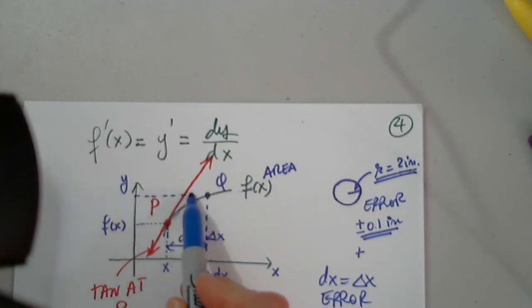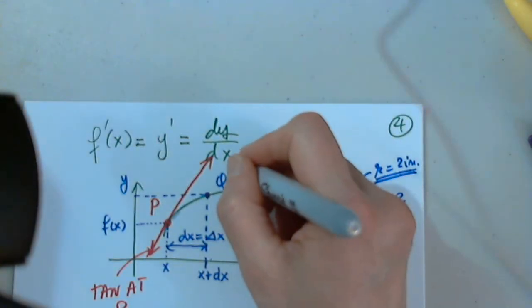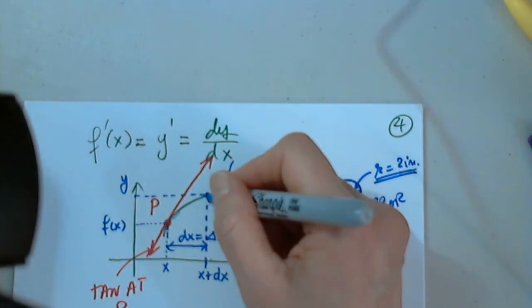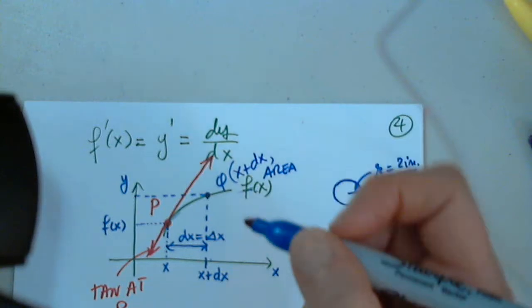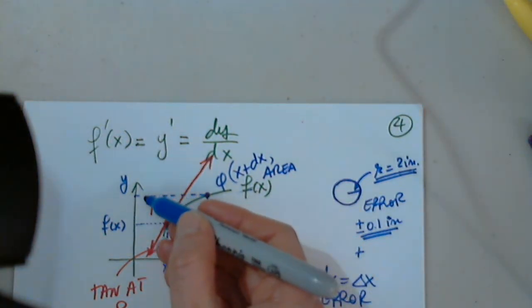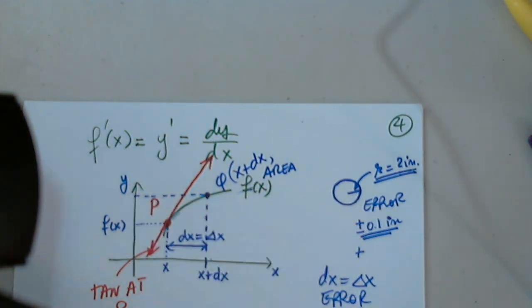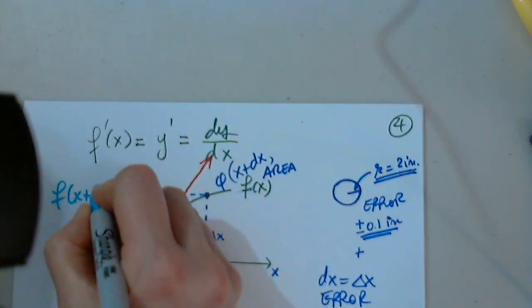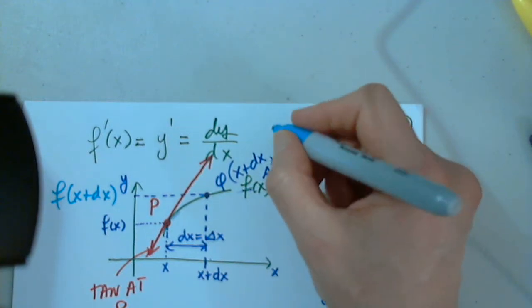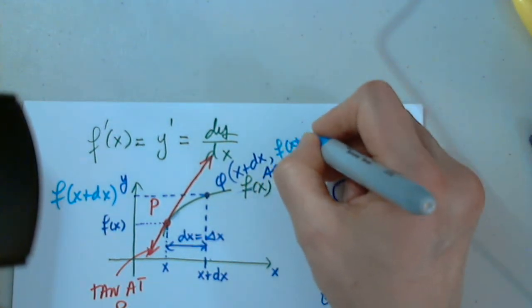Up here, Q has coordinates x plus dx, and what is the y coordinate of Q? Can anyone give us the y coordinate of Q? So f of x plus dx. Brilliant. Who said that? I did. Thank you.